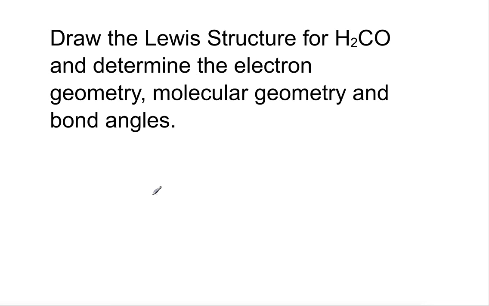The electron geometry for this molecule is going to be determined by its Lewis structure, and the Lewis structure for this molecule looks like this, H2Cl. If I want to know the electron geometry, it is going to be trigonal planar.